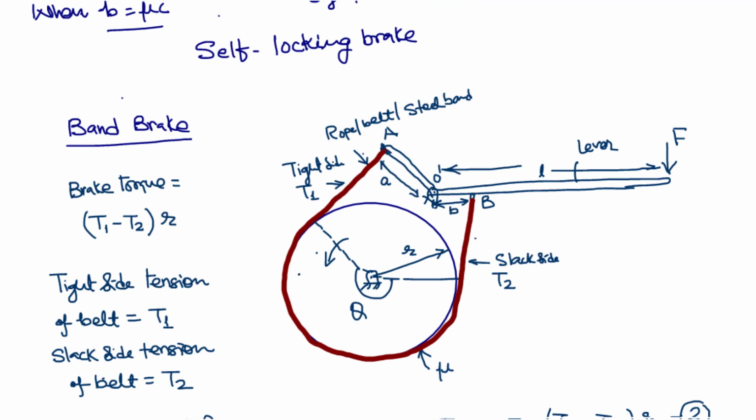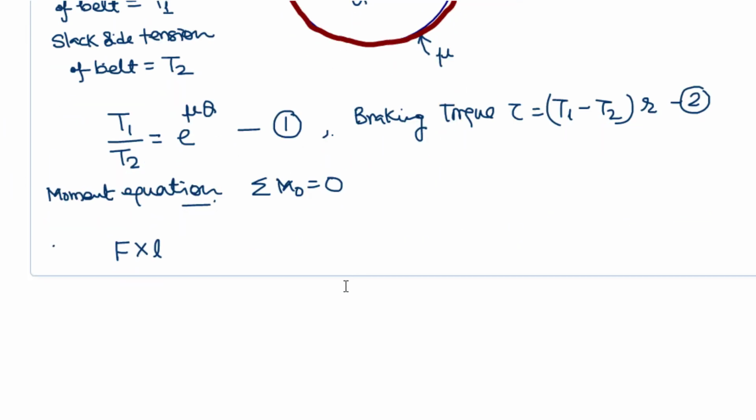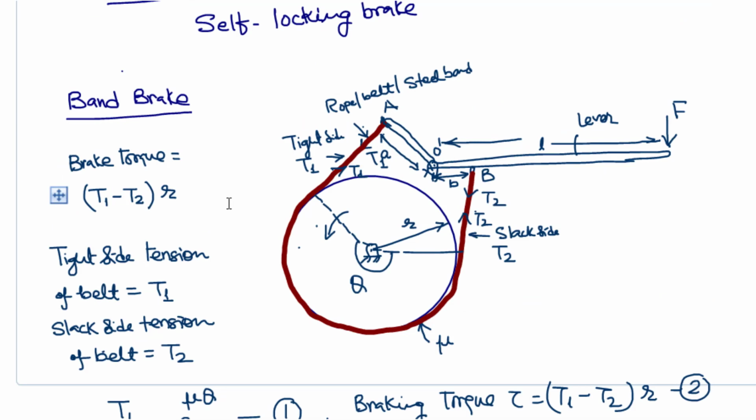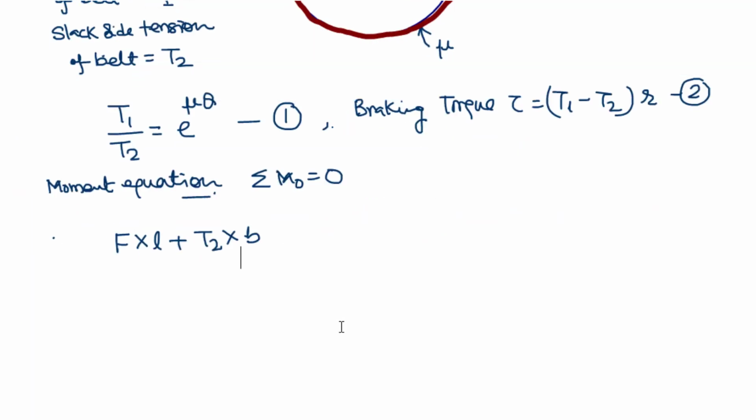If you draw the tensions T1 and T2, then F into L plus T2 into B, clockwise moment, minus T1 into A equals 0.